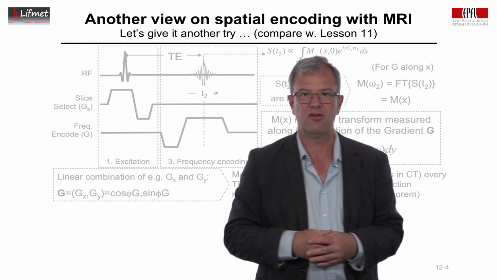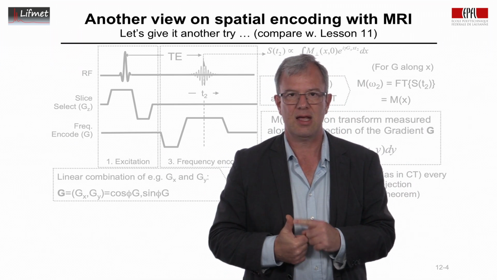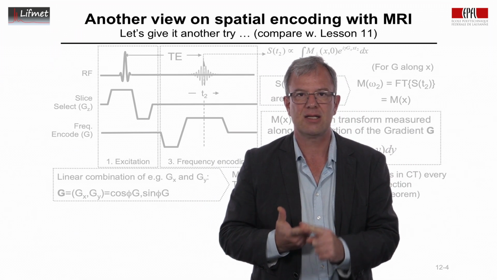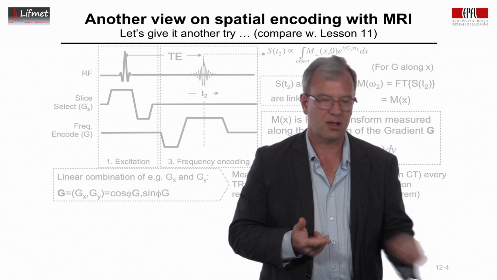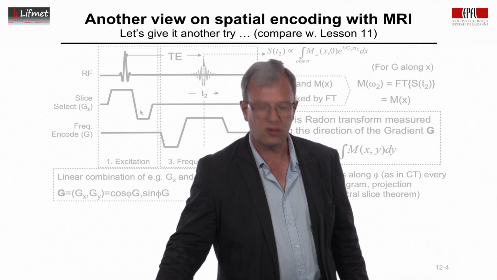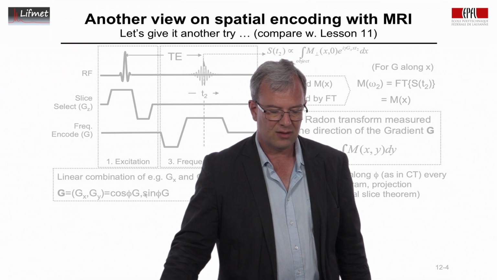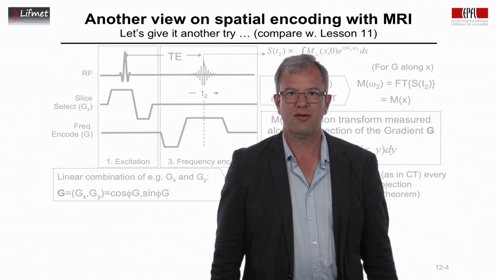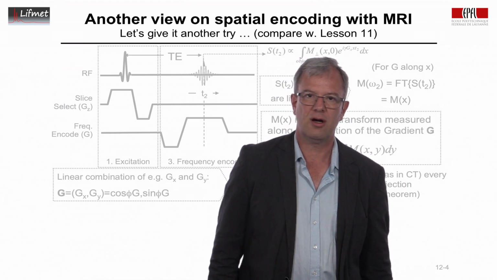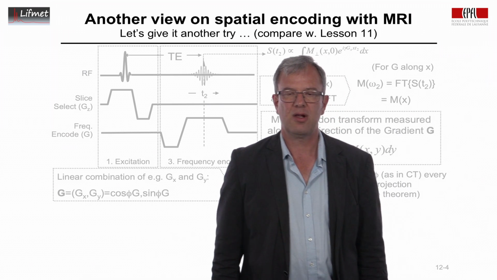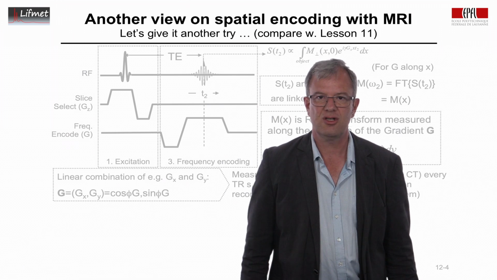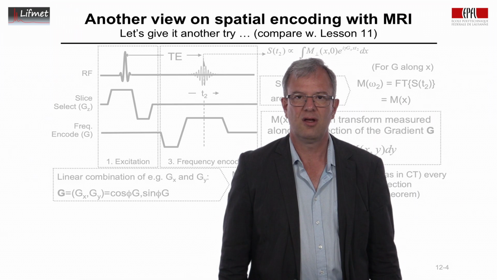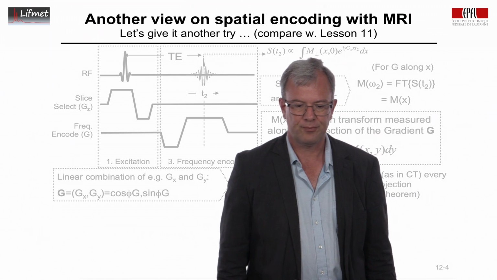So this could convince you that, A, it is possible to reconstruct an image, and B, why collecting the data of an image does take a considerable time, because if we want to have a 256 by 256 matrix, that means we have to collect 256 angles phi, and for this we have to wait 256 TR periods. TR is linked to T1, so it is typically on the order of the T1 relaxation time, and that explains why it typically takes a couple of minutes to obtain an MRI image.